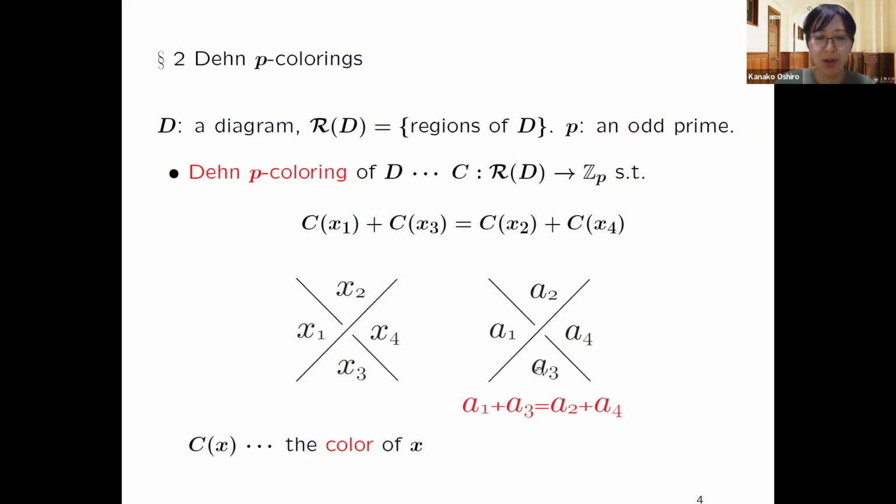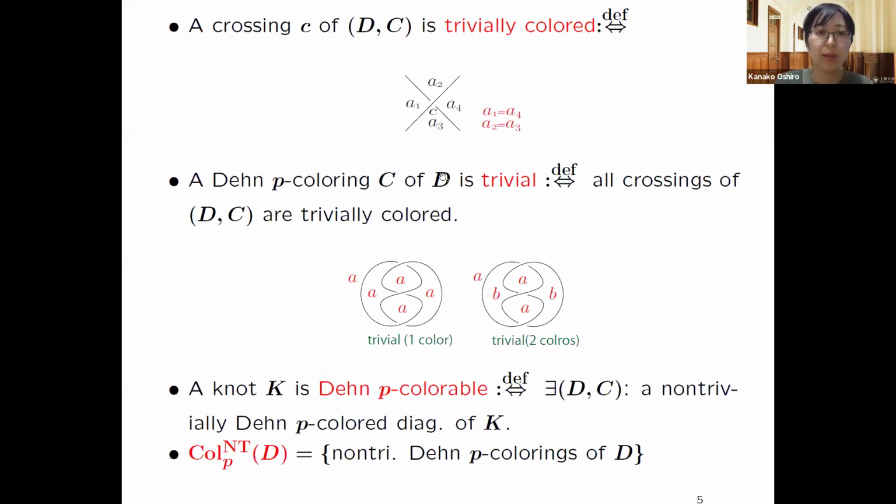More precisely, when we see the sum of the colors for these adjacent regions, the sum is A1 plus A3. And when we see the sum from this other side, the sum is A2 plus A4. So this condition means that the value should be the same. Okay.